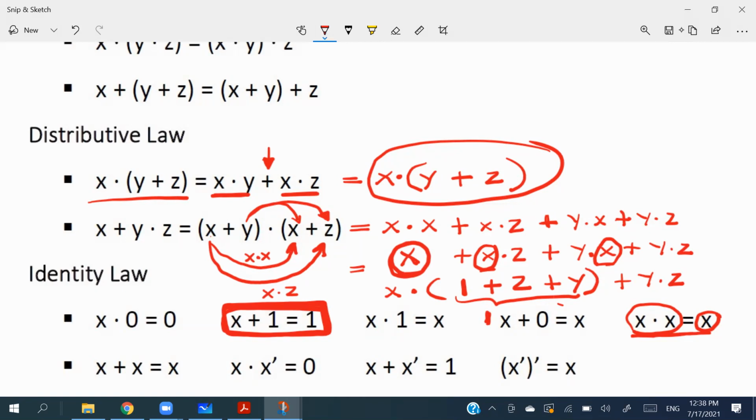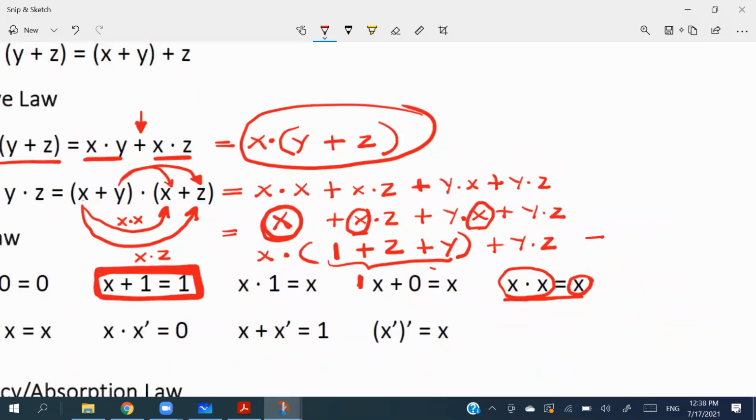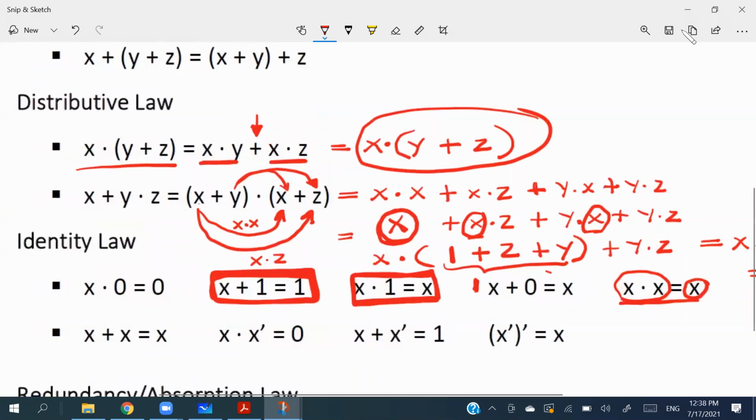Right? So that means you are going to have something like this: x dot 1 within brackets plus y dot z. Now from here it says x dot 1 equals x. So this means x plus y dot z, which is the left hand side of your equation or the law.